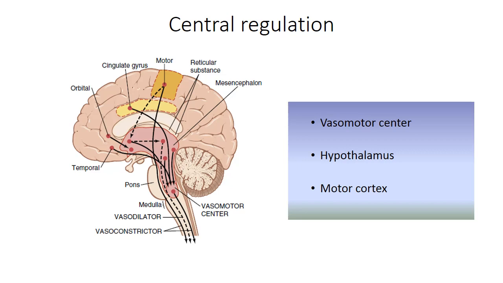So, like the hypothalamus, the reticular substance has different parts with different actions on the vasomotor center. Also, you can see the relation of the vasomotor center with other parts such as the cingulate gyrus, mesencephalon, and motor cortex, and please be aware that the dashed lines are inhibitory pathways and the straight lines are activatory pathways.